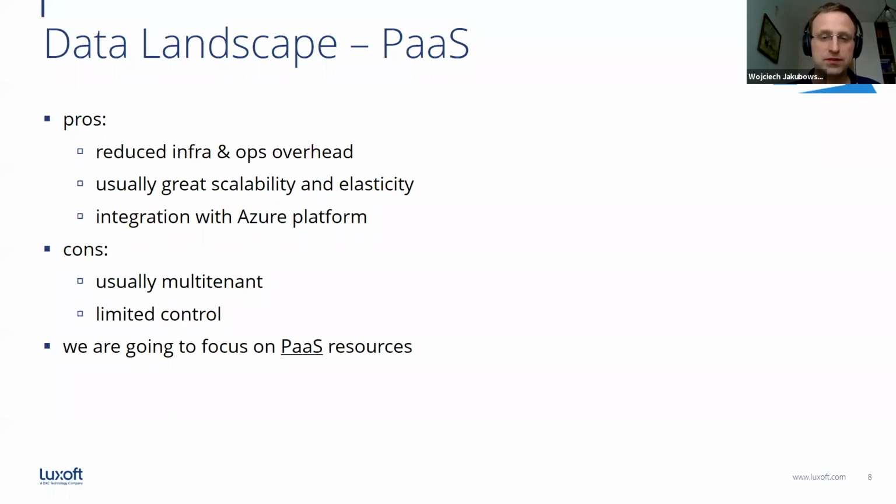There are some downsides, however, of the platform as a service model, which are multi-tenancy. So your resources are usually sharing the underlying infrastructure, VMs, VNets, with other clients, with other users, which may potentially affect the performance of your systems.